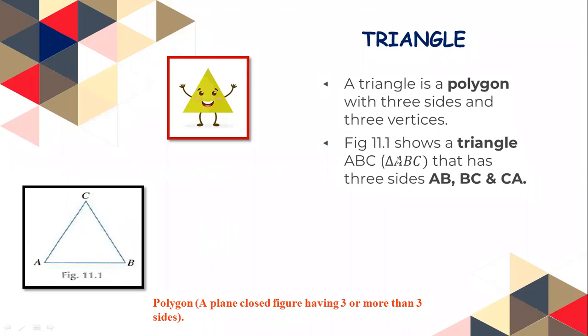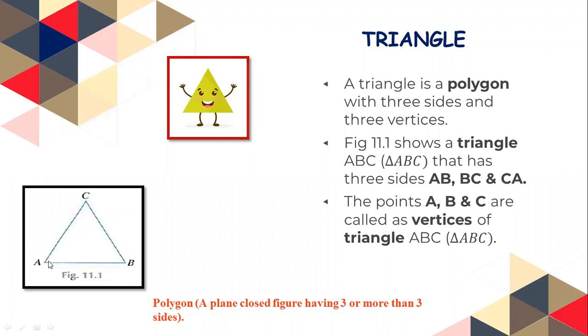In written form you can use the symbol triangle and write triangle ABC. It has 3 sides, AB, BC, and CA. Next are the points A, B, C. These 3 points are called the vertices of triangle ABC. I hope you have understood up to here.